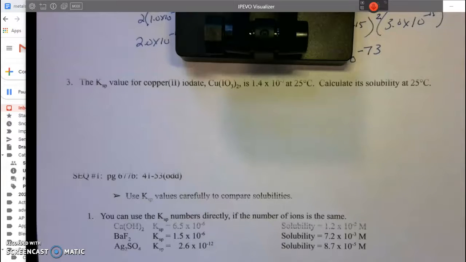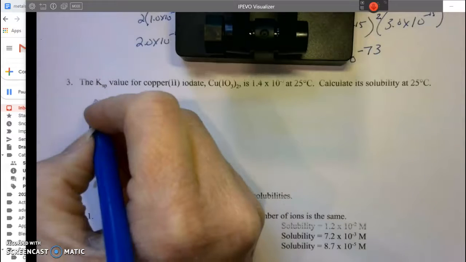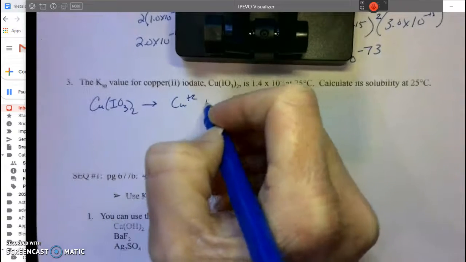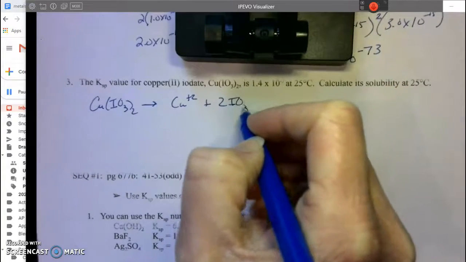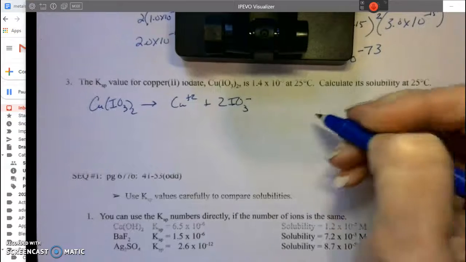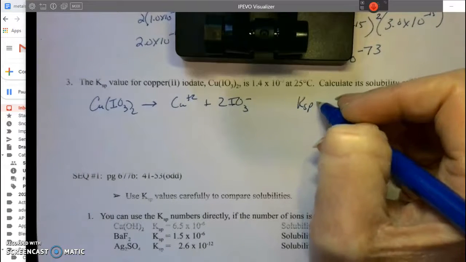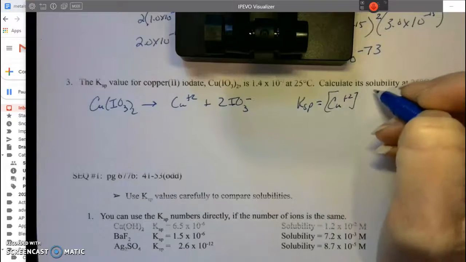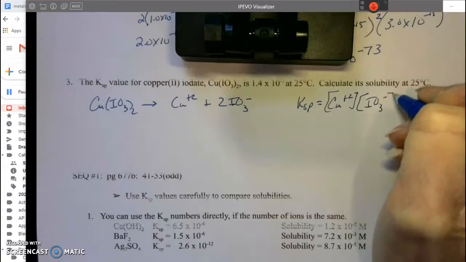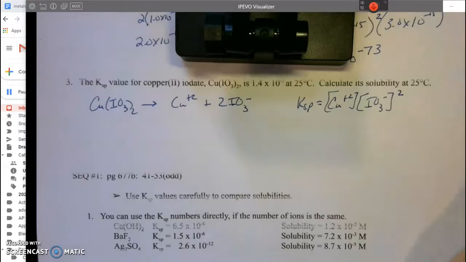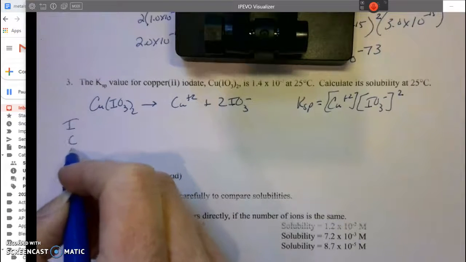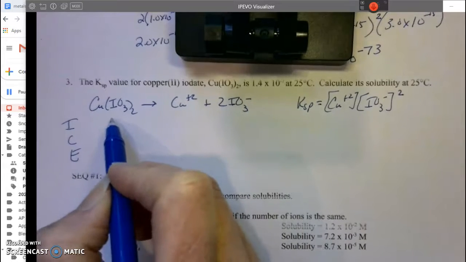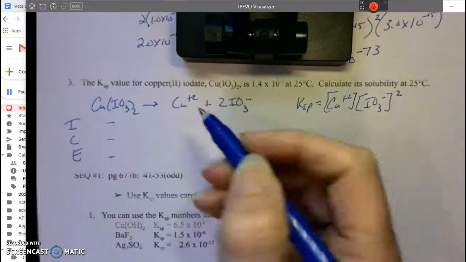For question 3, we have the KSP value for copper 2 iodate. So I'm going to write that formula and equation. And its KSP value, our equation, is the concentration of Cu plus 2 times the concentration of iodate squared. So this is going to be like any other ice type table. It doesn't really matter what this is because it doesn't show up in the equilibrium expression.